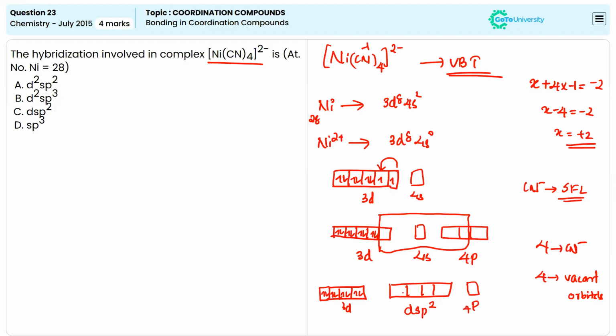We are not taking care of it. Here we have 4 hybrid orbitals, and each CN minus will donate its electron pair to each hybrid orbital. So the hybridization is dsp2. From these options, the correct option is dsp2, option C.